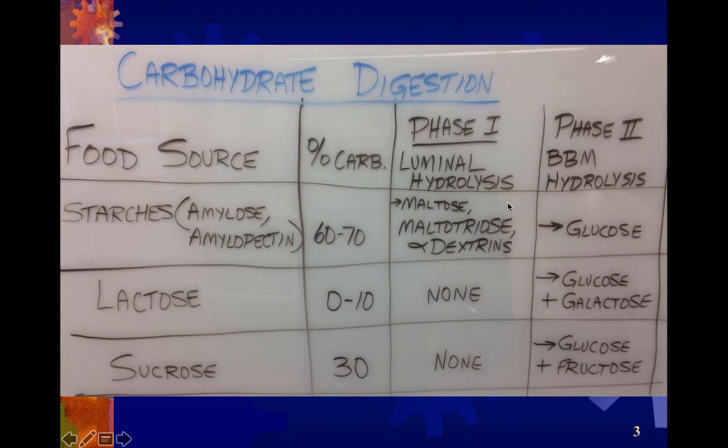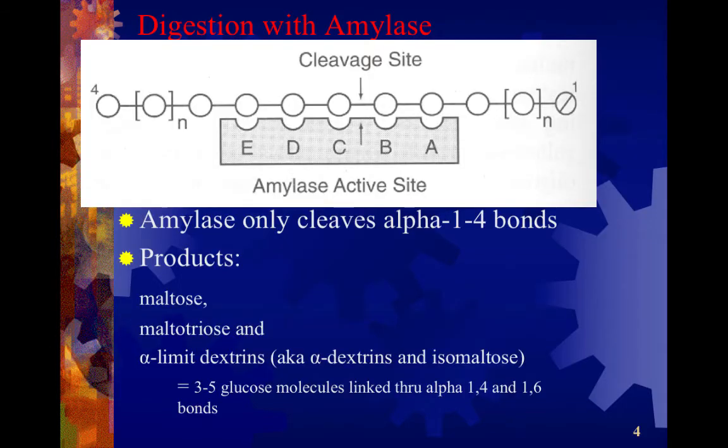So pancreatic alpha-amylase works in the lumen of the small intestine, and it comprises phase 1 of carbohydrate digestion. Because you can see here, here are the products of pancreatic alpha-amylase activity on starch: maltose, maltotriose, and what are called alpha-limit dextrins. And these alpha-limit dextrins are also known as alpha dextrins. I have that on the table. Also referred to as isomaltose.